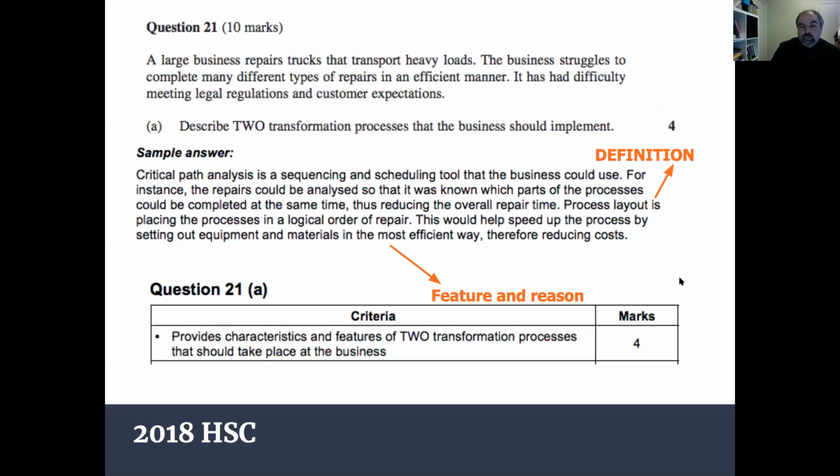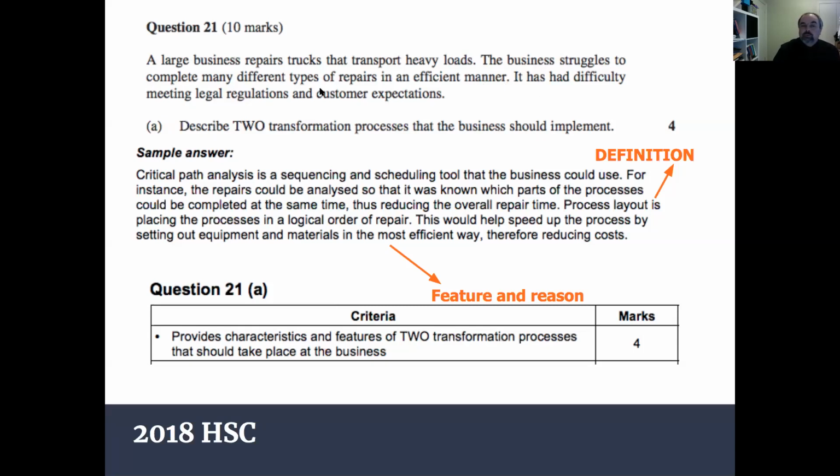This next question here, the reason why I've taken this out is just to show you some of the marking criteria that teachers use when they're marking your HSC exam. So again, we've got a stimulus material here that we need to read carefully, and then the question follows. A large business repairs trucks that transport heavy loads.